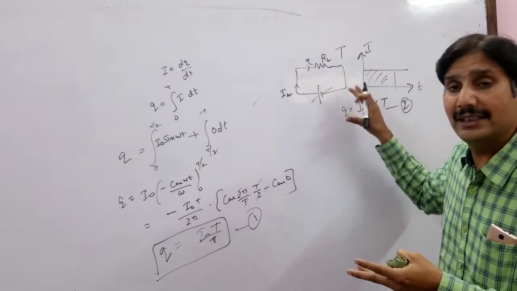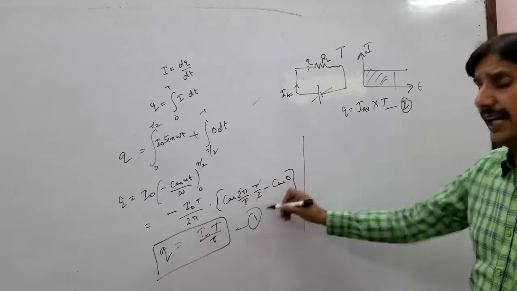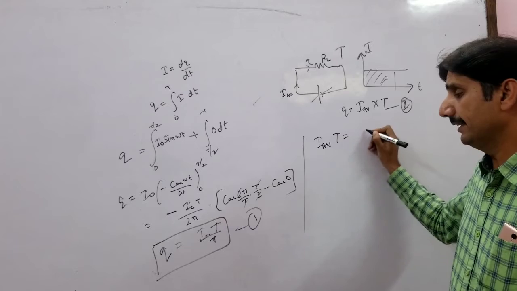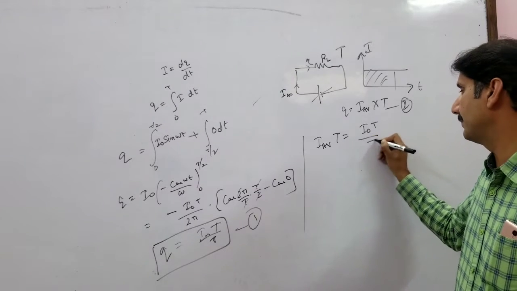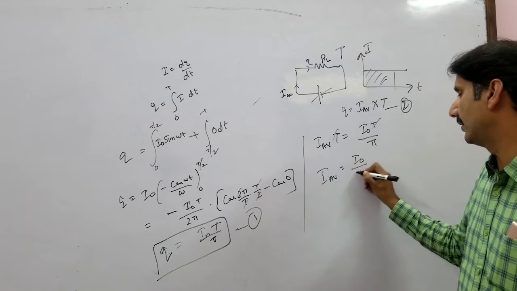Only then it will be called the average value of that signal current. Therefore, I equate 1 and 2. I get I average into T is equal to I naught T by pi. So what you get? I average is equal to I naught by pi.